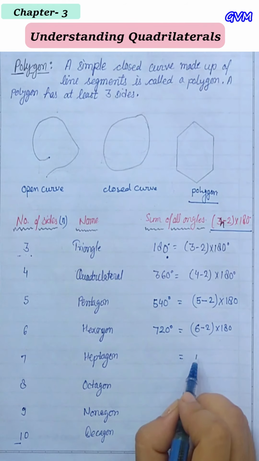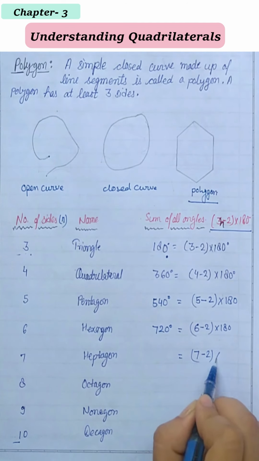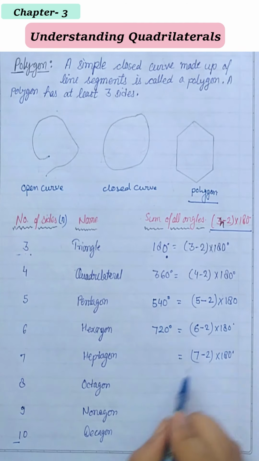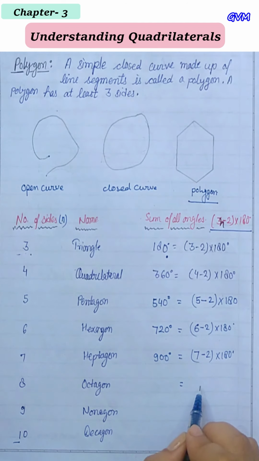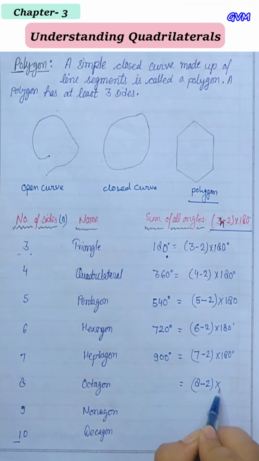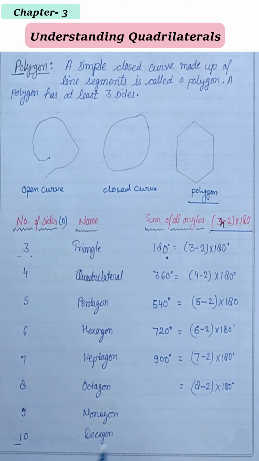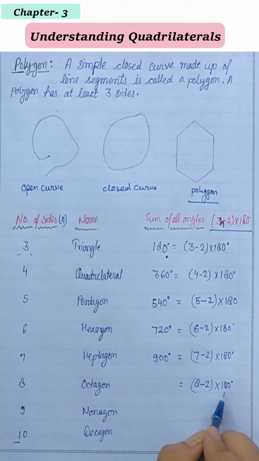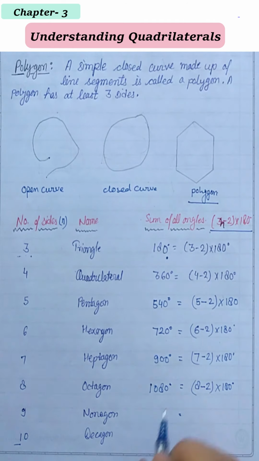In a heptagon we have 7 sides, (7 minus 2) into 180, and this will give us 900 degrees. In an octagon we have 8 sides, (8 minus 2) into 180. 8 minus 2 is 6, and 6 into 180 will give us 1080 degrees.